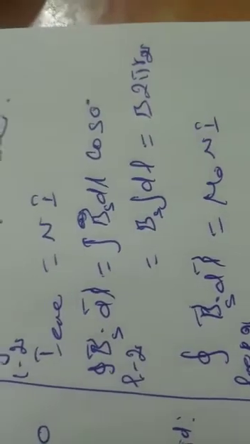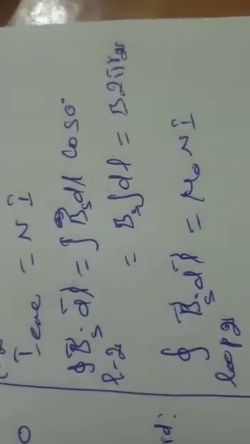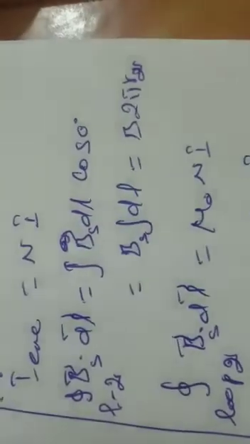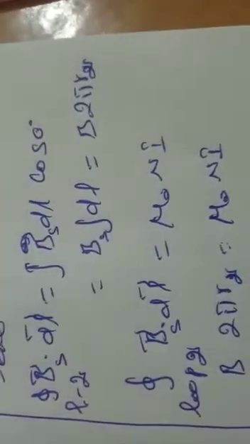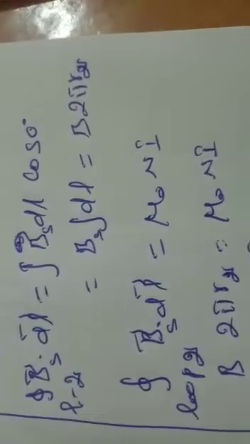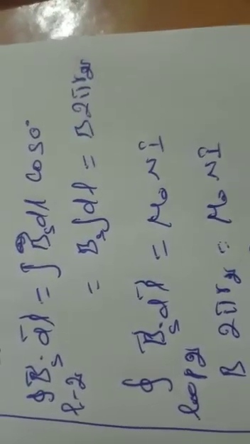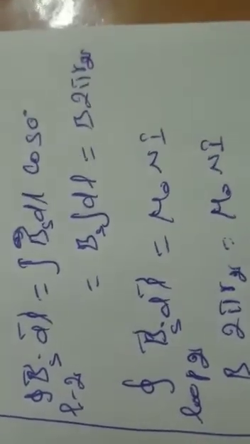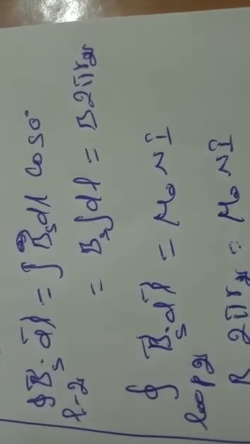So at the point S, we can write mu naught N into I. Here we found B into 2 pi R2 is equal to mu naught N into I. So the magnetic field B is equal to mu naught N I by 2 pi R2.